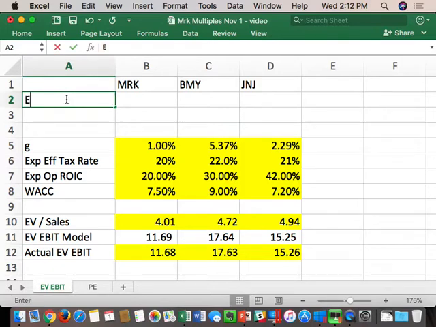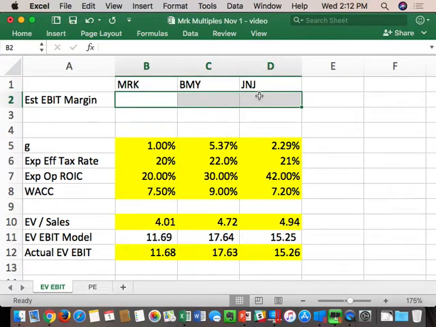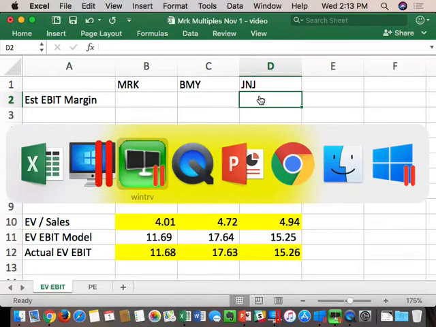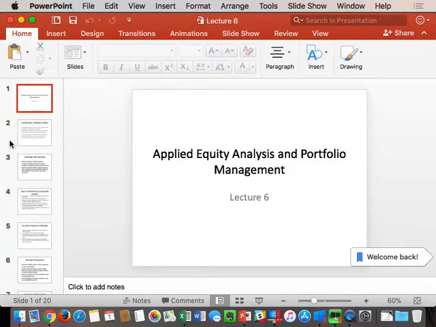So, estimated EBIT margin, also known as operating margin. That is going to be a formula, and it comes from the book and the lecture notes.